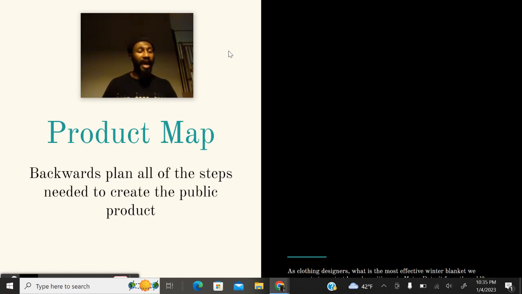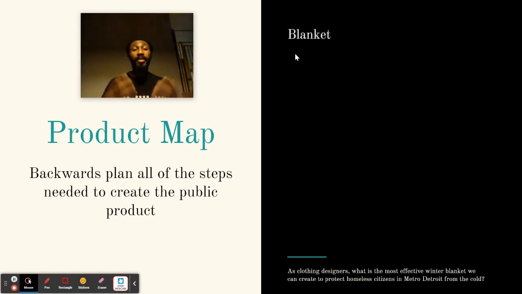Now I need to backwards plan all the steps that are going to need to be taken by my students in order to make the most effective winter blanket. Let's start walking through this. The final product is a blanket. Again, we are backwards planning, so we're starting at the end goal and working to the first thing we need to do.